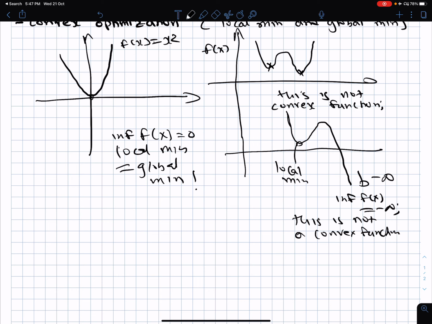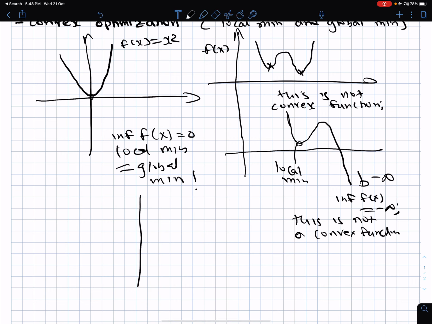So mind you, I am not saying that if local minimum is equal to global minimum, then it becomes a convex function. I am saying that convex functions enjoy this nice property that when you do minimization with them, the minimum that you get is guaranteed to be a global minimum.